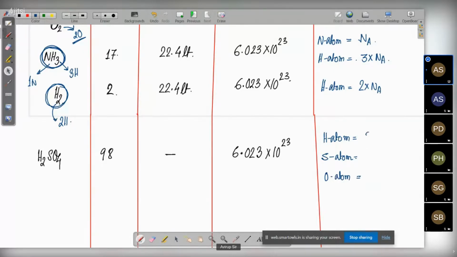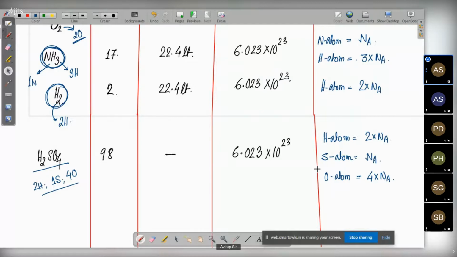Then sulfur: 1 into Avogadro number. And oxygen: 4 into Avogadro number. Because in one molecule you see 2 hydrogen, 1 sulfur, 4 oxygen, and then you simply find it for Avogadro number of molecules.